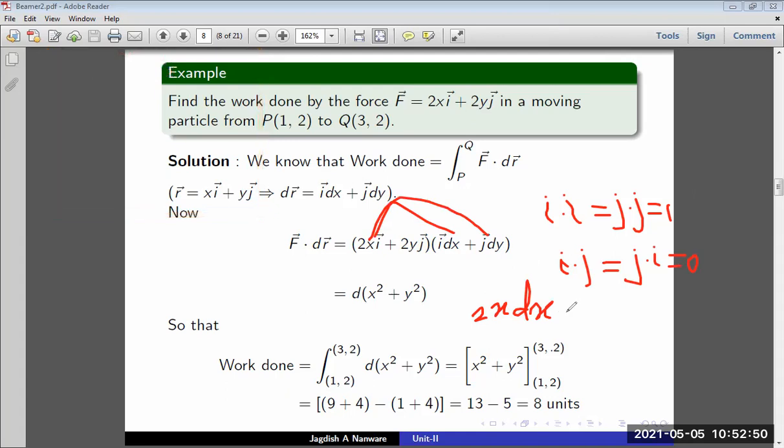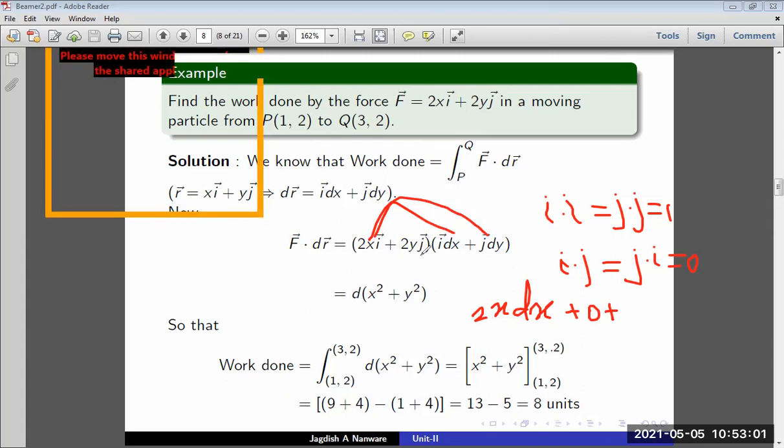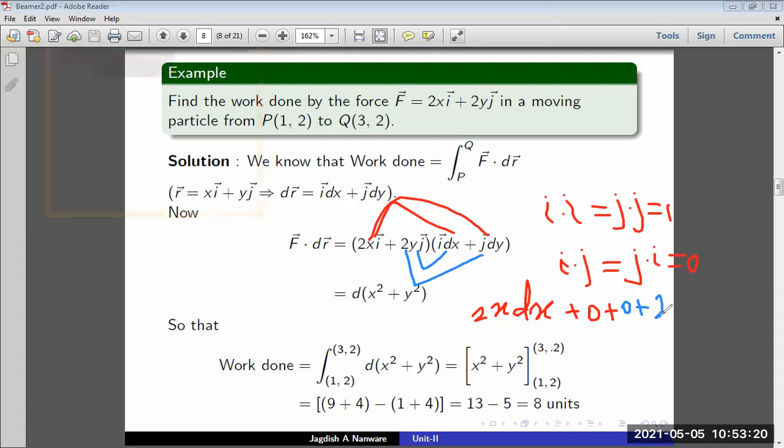Therefore, this term will be 0. Plus, now take the product of this with this. Again, j dot i is 0. Therefore, this first term will be 0, and the second term is the dot product of these. So j dot j is 1 and therefore you will get 2y dy.